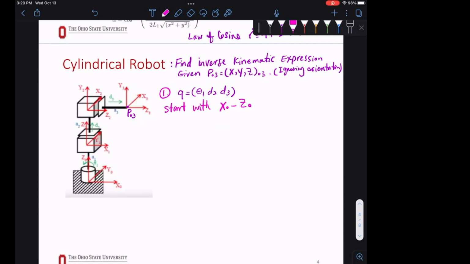Which of the joint variables will you see when the motion happens? Let's say the robot starts moving. Which of those joint variables will be visible? D2 and D3. Right. Good.